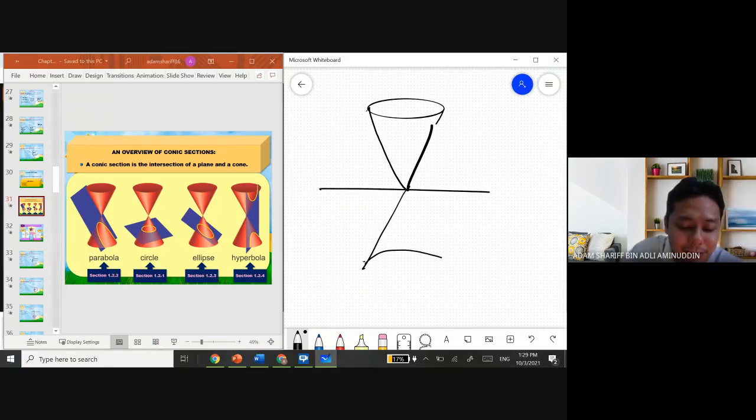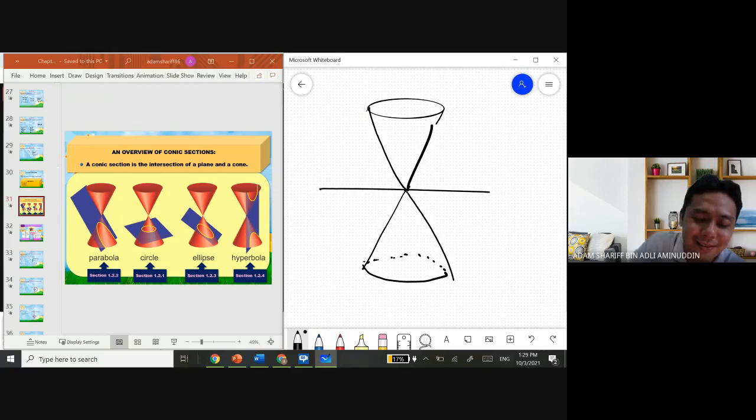You can refer to the slide. Lukisan dia lagi lawa. Okay. But circle, parabola, ellipse and hyperbola are 2D shapes, which can be derived from this 3D cone.